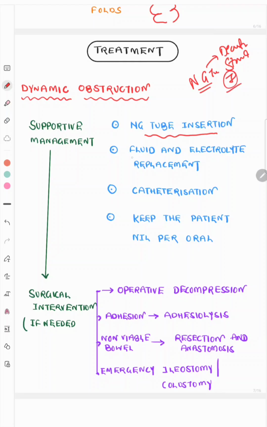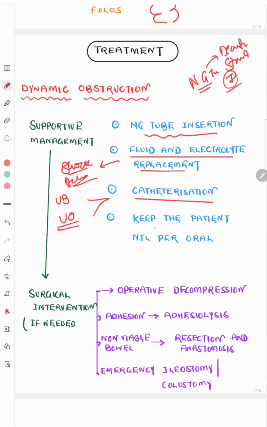Then we are going to give him fluid and electrolyte replacement because the patient is already in shock and dehydrated. And we will put catheter. Why catheter? To decompress the urinary bladder and to measure the urine output. And we will keep the patient nil per oral.